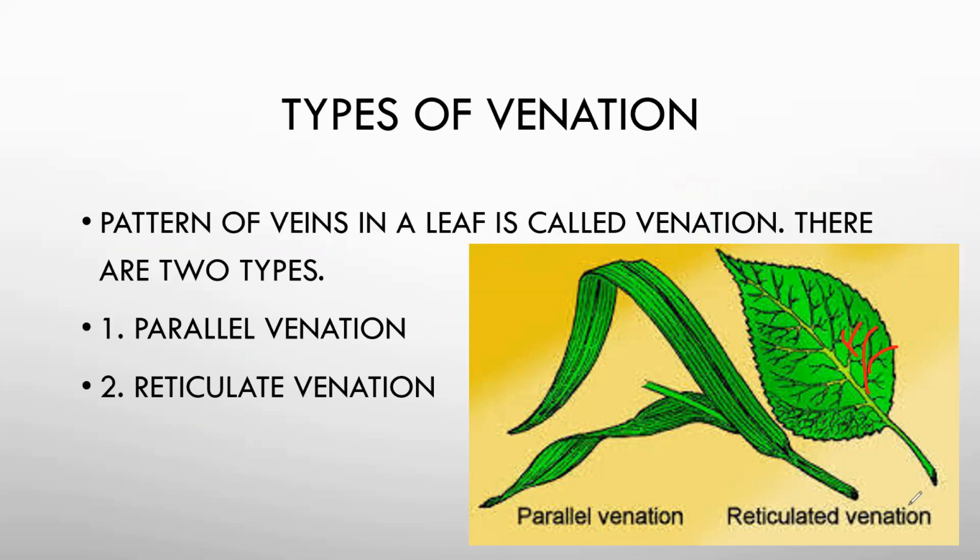They branch out randomly from the midrib, and then they form a network of random veins.